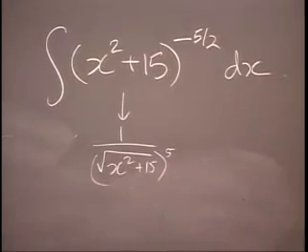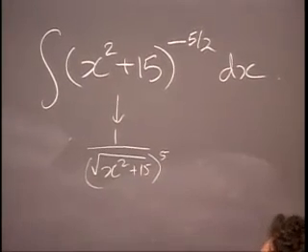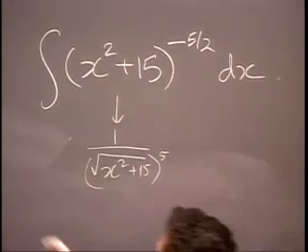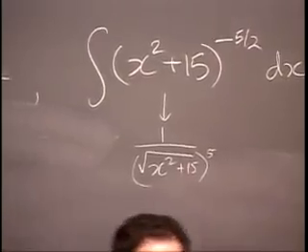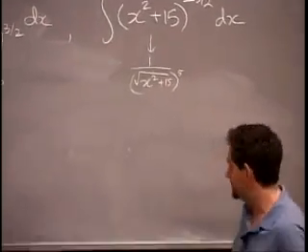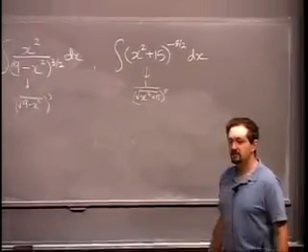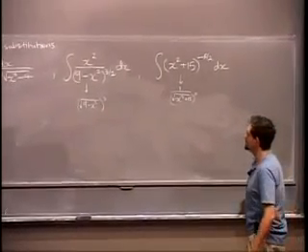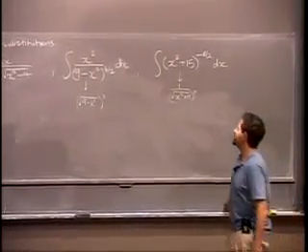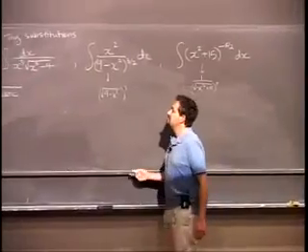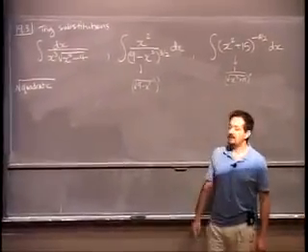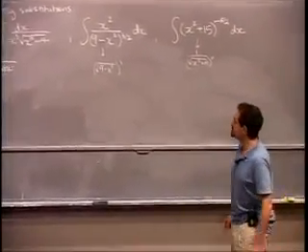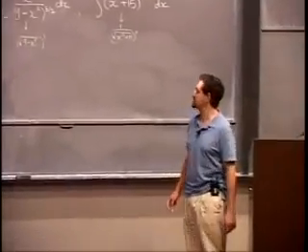So you should be on the lookout for square roots of quadratics or quadratics to the 3/2, 5/2, 7/2, 9/2, etc. Why not 2/2? Well, that's just 1. It's not a square root. So it's got to be an odd multiple of a half to be a square root. Okay, so if you have a square root of a quadratic, you probably need a trig substitution.